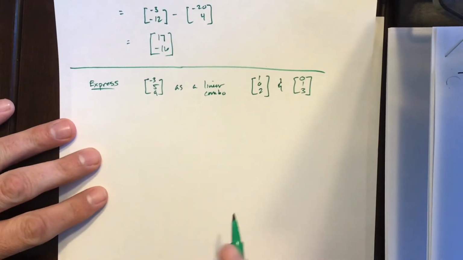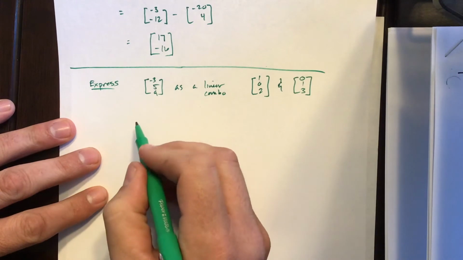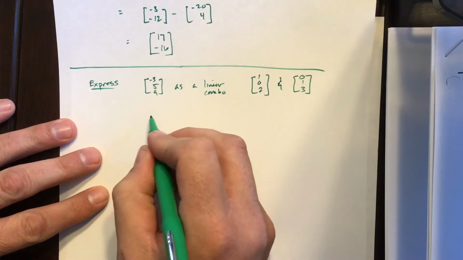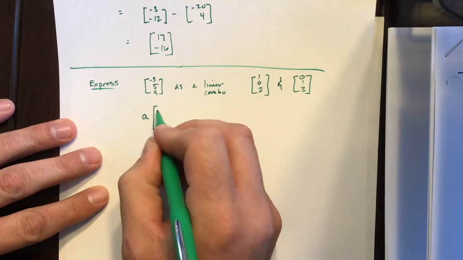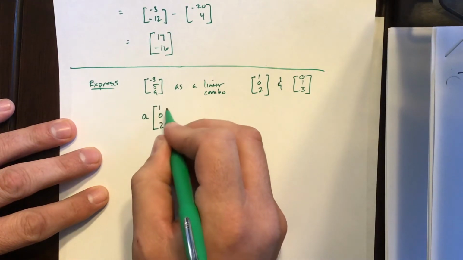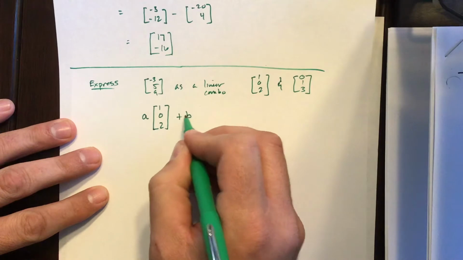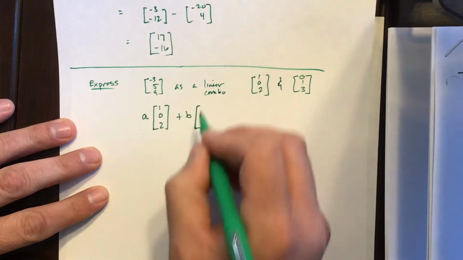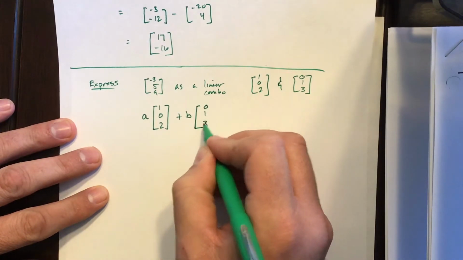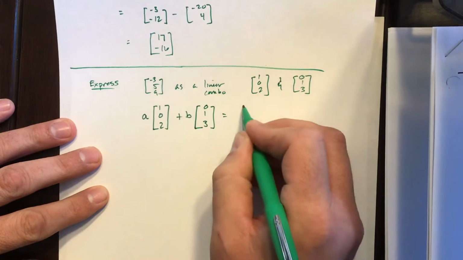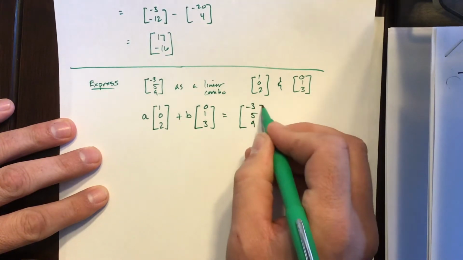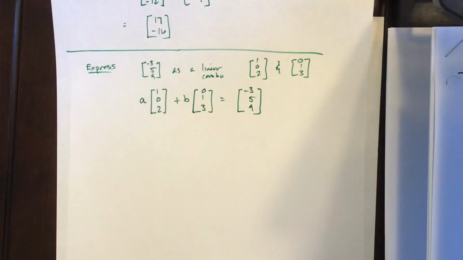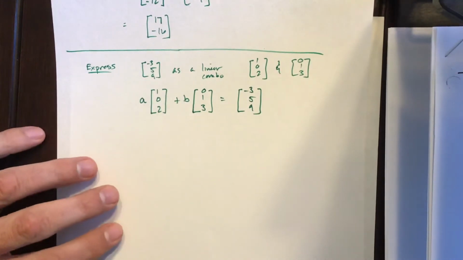In other words, what we're saying here is some scalar, call it A, times 1, 0, 2, plus some scalar B times the vector 0, 1, 3, sums to negative 3, 5, 9. What are those two scalars that do that? Well, that's easy.